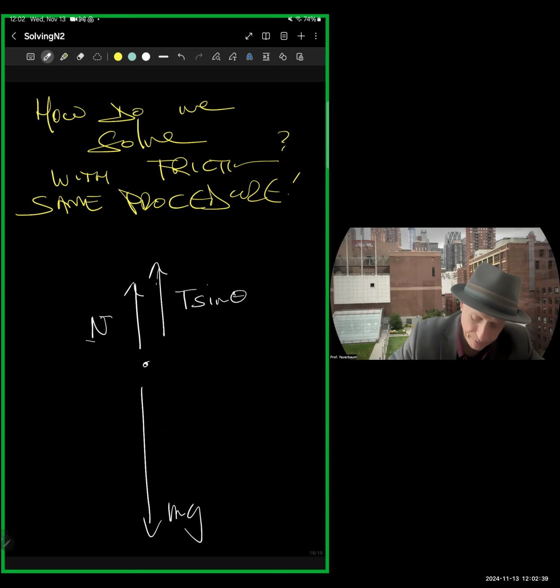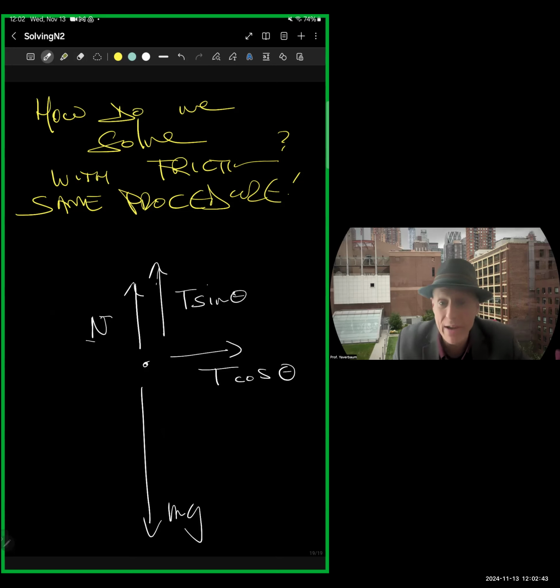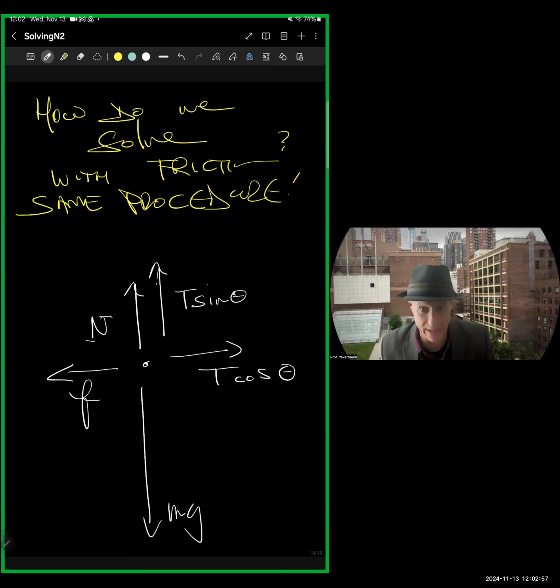We still have the rightward force of the string, but now we have friction trying to hold this thing back. If the thing is trying to move to the right or is moving to the right from the string, then friction is resisting it, slowing down to the left. So we now have friction added to the diagram, right? Again, this is looking more and more like the lab now, hopefully.